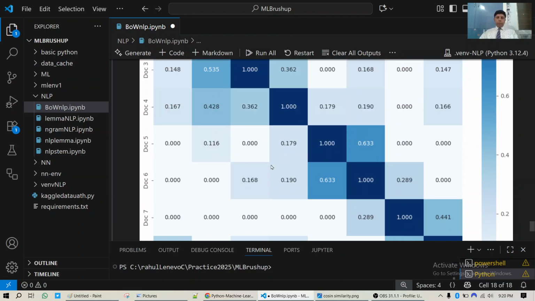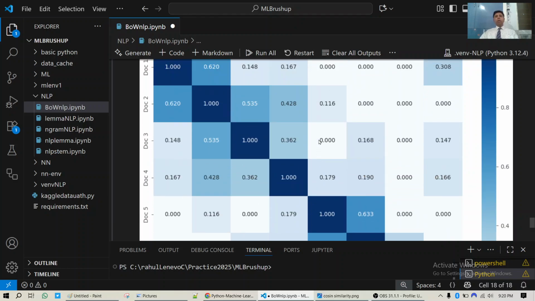This exercise is to understand document similarity and the applications of bag of words, cosine similarity, and TF-IDF. These are very important concepts, and I hope you understand their application in real-world situations in our day-to-day life.